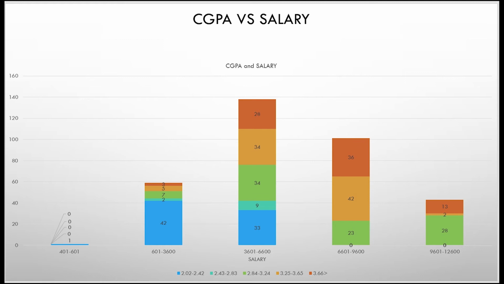The smallest quantity of students is only 1%. It's ringgit Malaysia 401 till 601, meanwhile the interval of CGPA is 2.02 till 2.42.